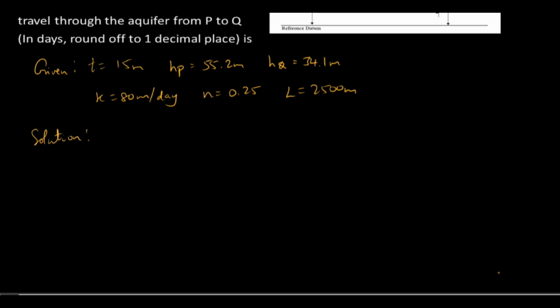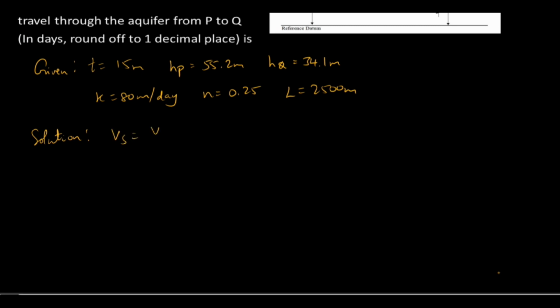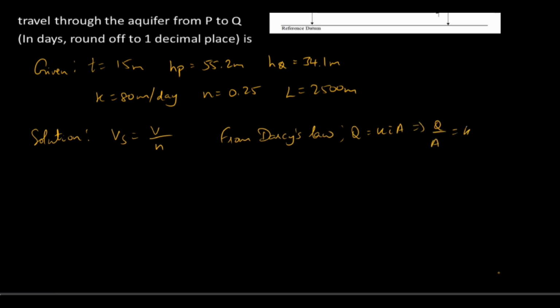Solution. So we know that the equation of seepage velocity Vs is equal to discharge velocity by porosity. From Darcy's law, Q equal to KIA, Q by A equal to Ki.